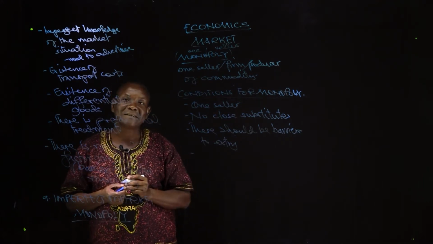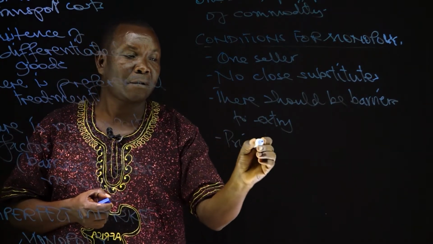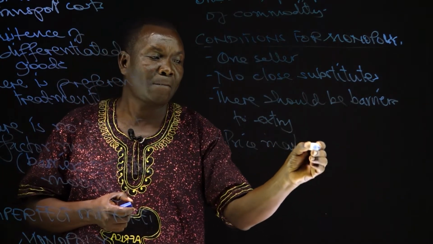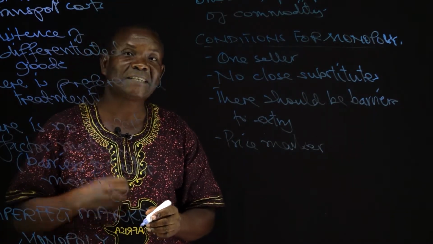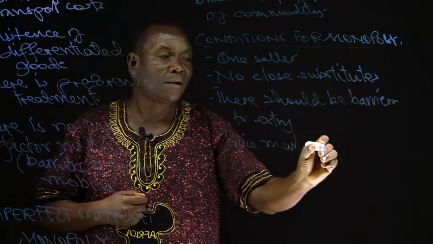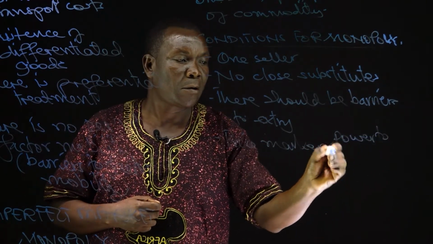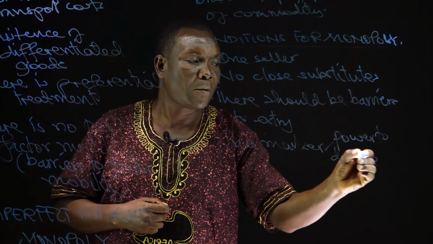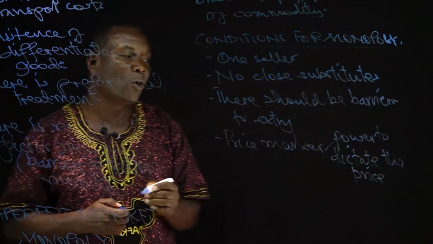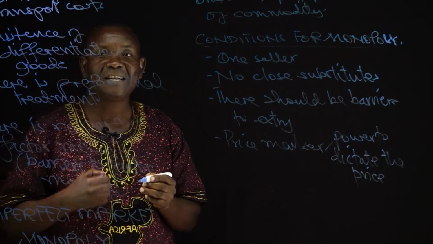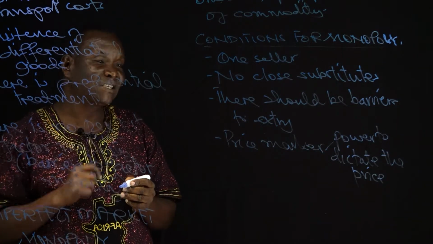This monopolist is a price maker. The monopolist has the power to influence, dictate, determine the price of his or her products.